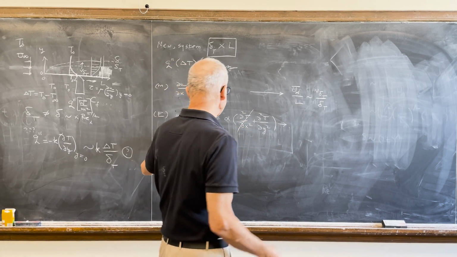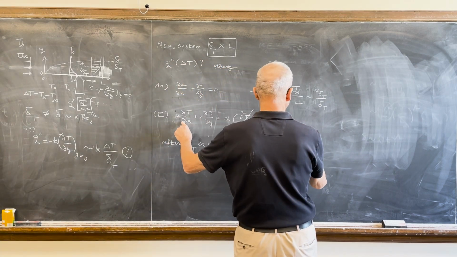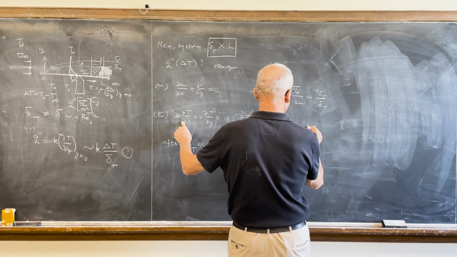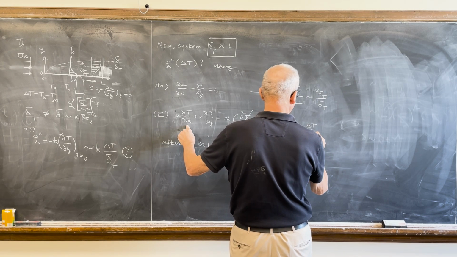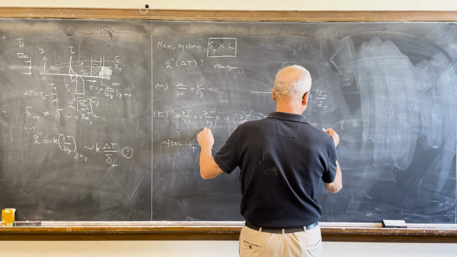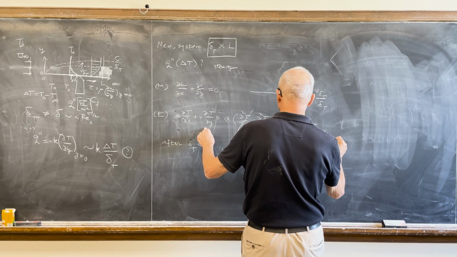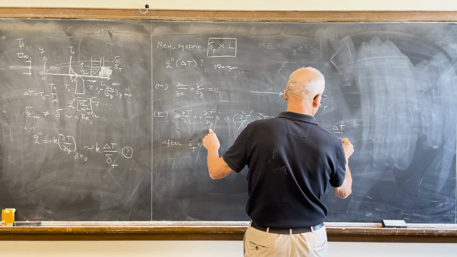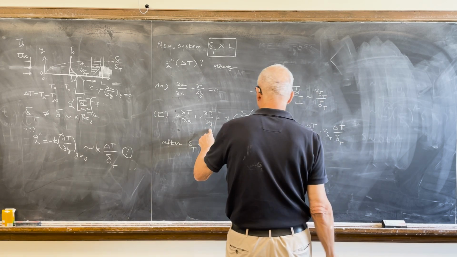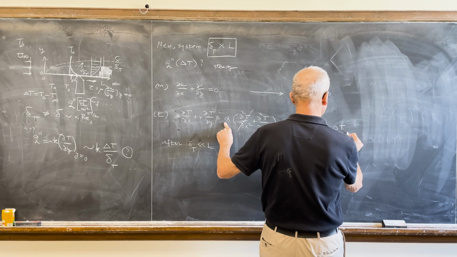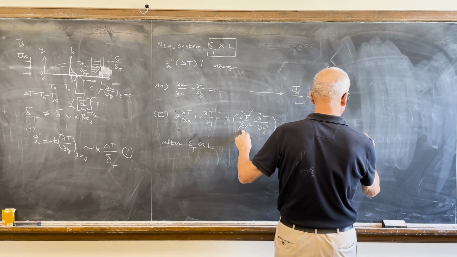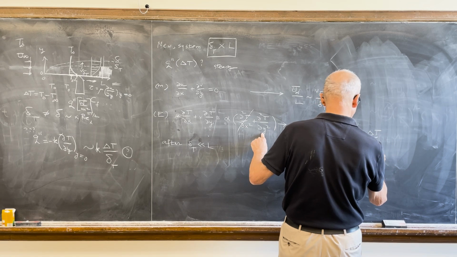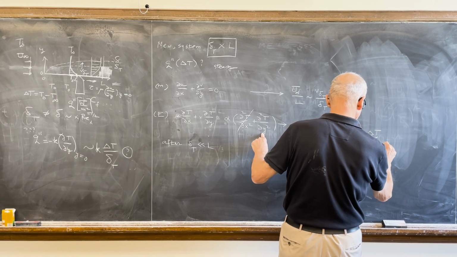But on the left-hand side, you have a choice between U infinity delta T over L or V delta sub T times capital delta T over delta sub T. And on the right, you have only alpha capital delta T over delta sub T squared.